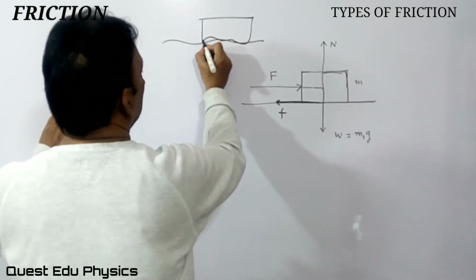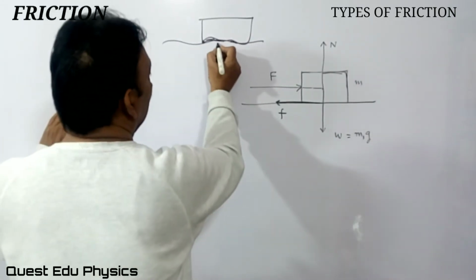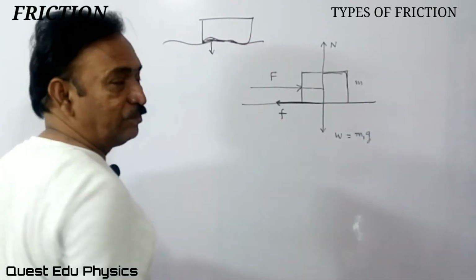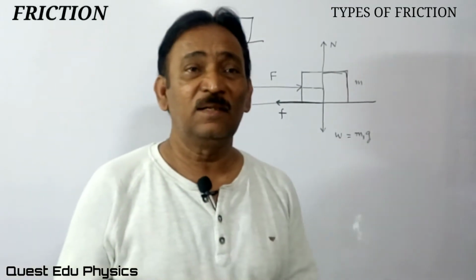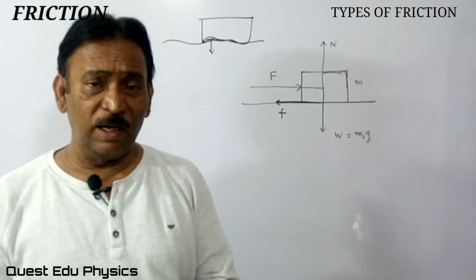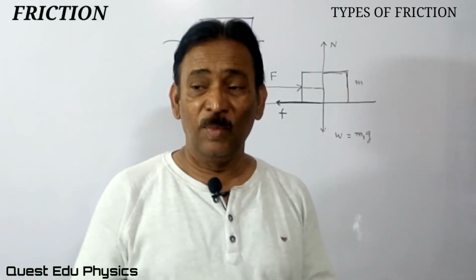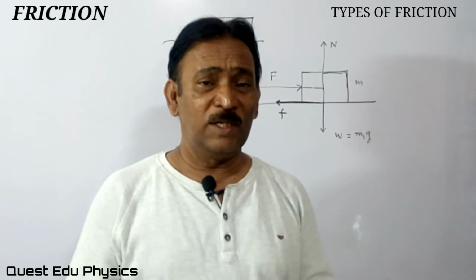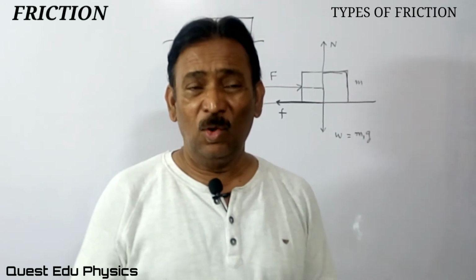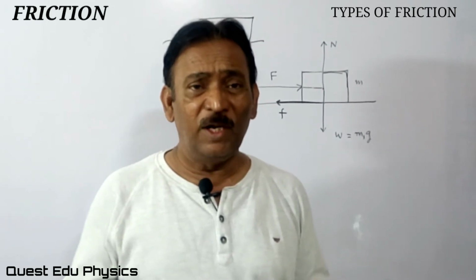These surfaces get interlocked with each other. This interlocking is the cause of friction. The cause of friction is the interlocking of the surfaces due to their irregularities. If you go to a microscopic view, you can see that when a body is kept over another body, the frictional force will develop. Then how does it develop?